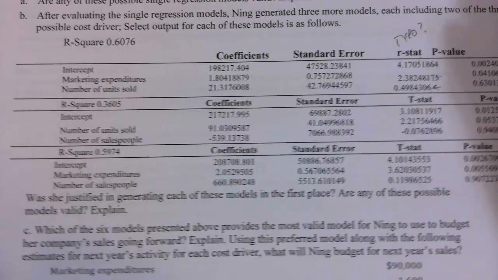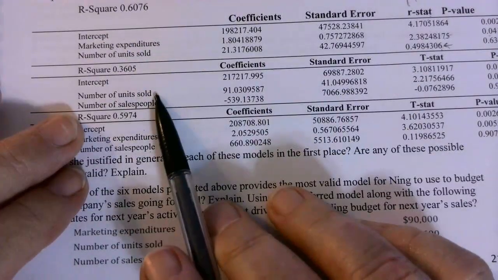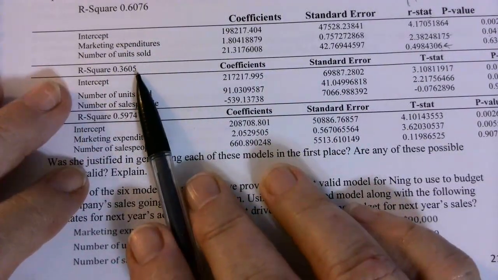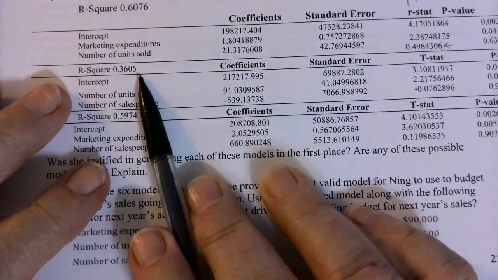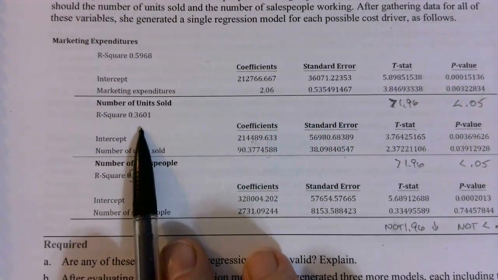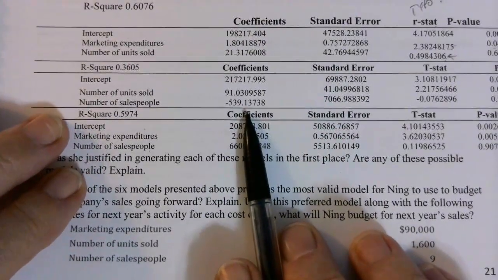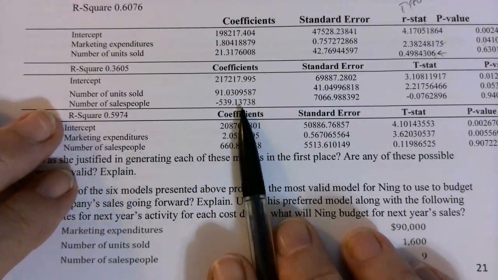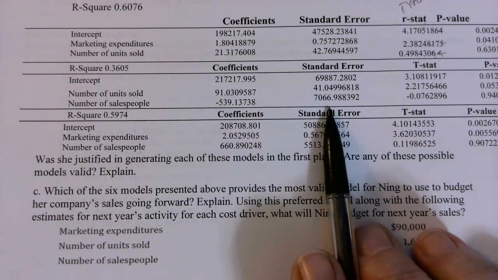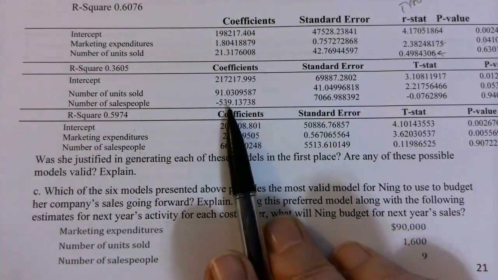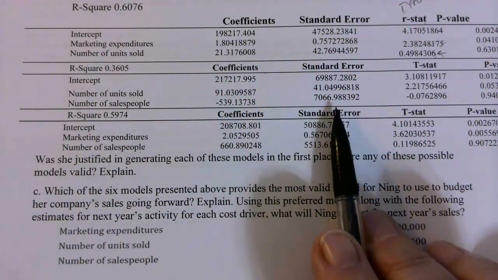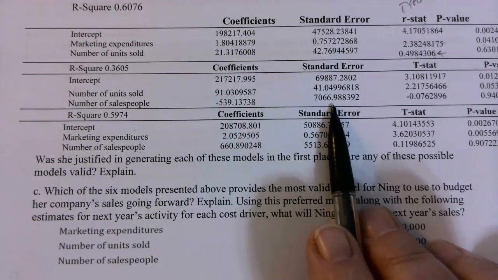The next one, the number of units sold and salespeople, is 0.36, which is almost exactly the same as with just the number of units sold. If you look at the number of salespeople, it's actually negative, so it decreases the strength. The coefficient is minus 539, and the standard error is 7,066.